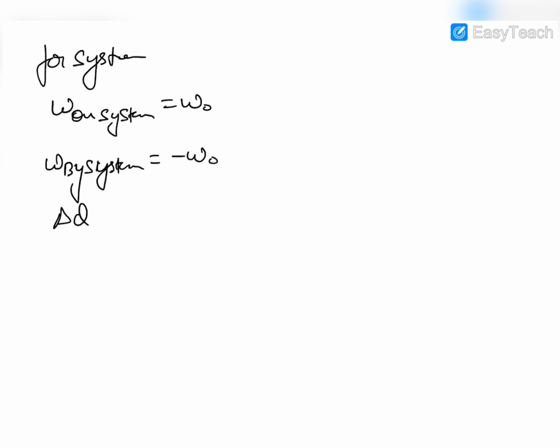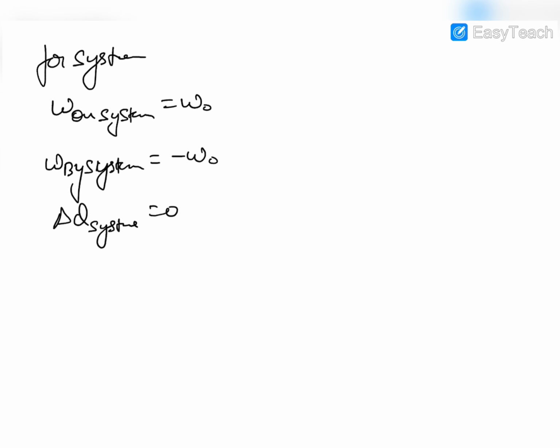Heat exchanged by the system is 0 because these two gases are filled in an adiabatic cylinder, which does not allow any heat exchange with the surroundings, but these gases can exchange heat between them. But when I am considering them as a system, the complete heat exchange of the system with the surroundings will be 0.